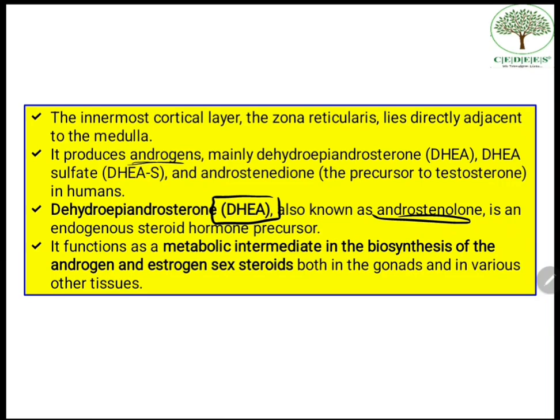While in the process of the production of these androgens, this DHEA is formed as an intermediate, and this DHEA will then activate and form the potent forms of estrogen as well as testosterone, and it will be responsible for all the different androgenic features which are seen in both males and females. So to answer your question, it's not only exclusively secreted by the female gland, it's very important for production of both the male and female sex hormones. So it will be produced by both the glands by the zona reticularis of the adrenal cortex.